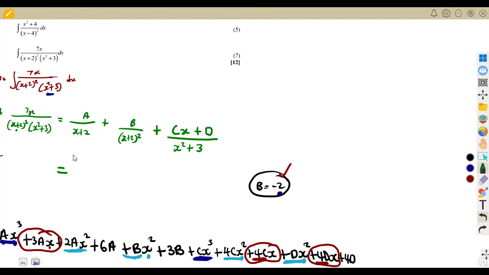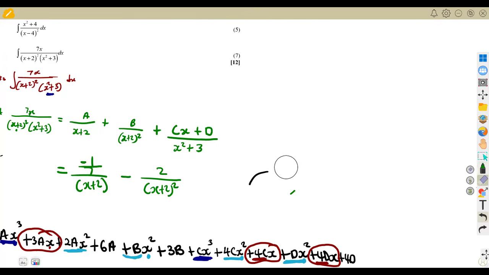So here we are going to have negative 1/7 into the bracket of x plus 2, plus B. Our B we got negative 2. So this will be negative 2 over x plus 2 squared. All right, so that's it on this part.